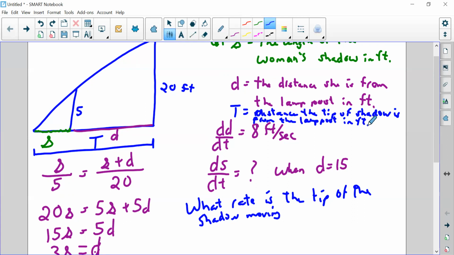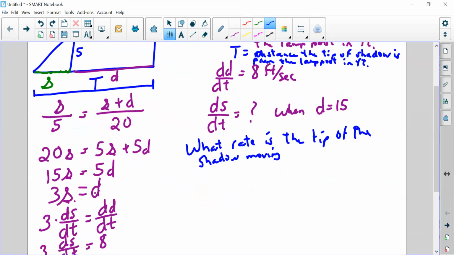We could just do this related rate again. S is to 5 as T is to 20. You get the same proportion, right? There are still similar triangles.